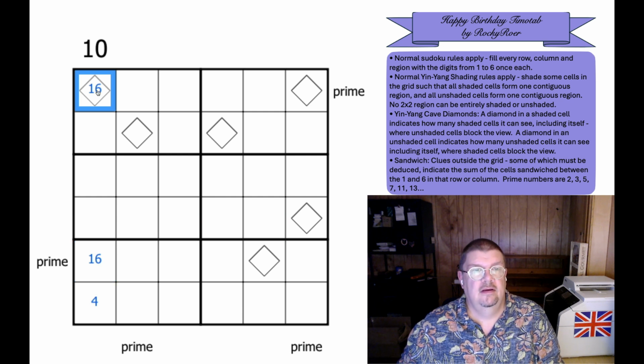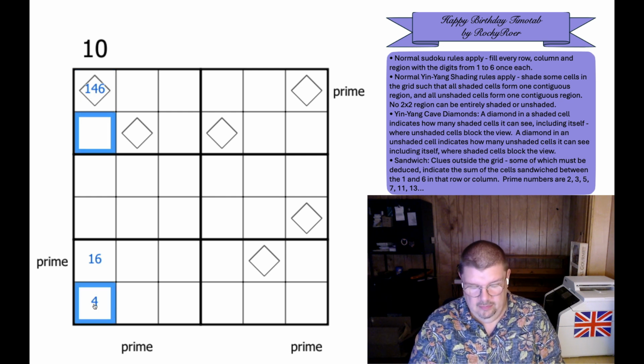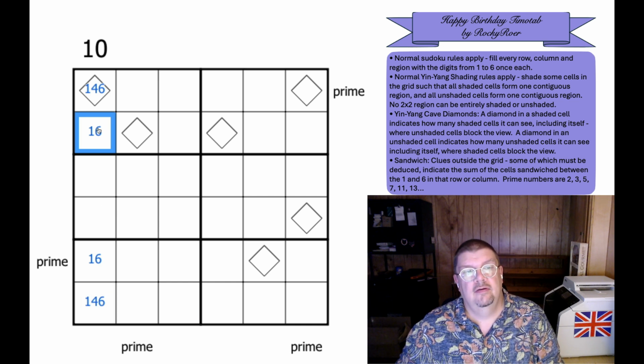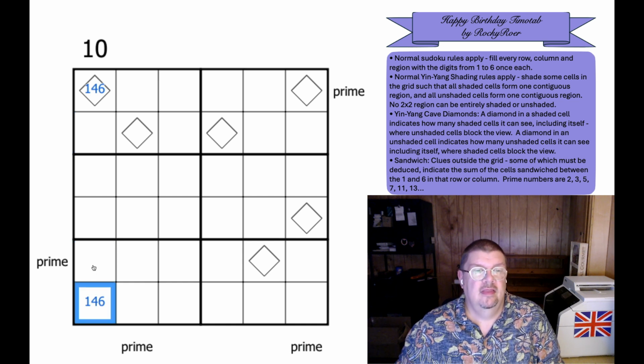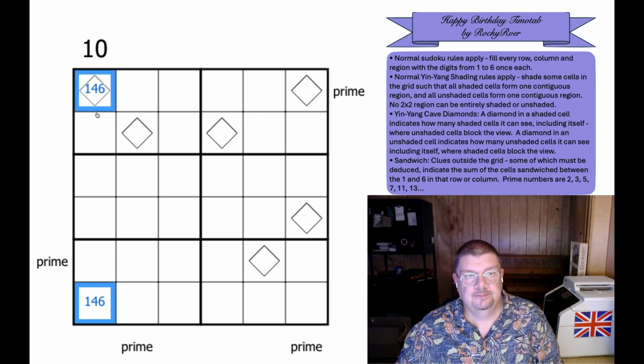And if the 4 is here, like that, then this must be a 1-6 pair. I can see it in my head, I'm having difficulty explaining it. If the 4 is here, then I've got a 1 or a 6 here and a 1 or a 6 here. If the 4 is here, I've got a 1 or a 6 here and a 1 or a 6 here. So these two can only be from 1, 4, and 6.